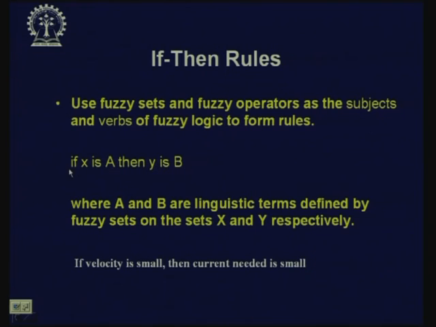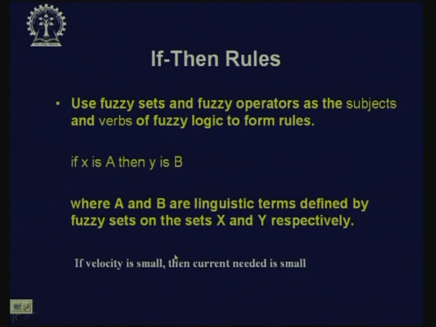If the boy is tall, then A is a fuzzy set tall, where A is a linguistic term defined by a fuzzy set tall. Then y is strong, where B is a linguistic term which is a fuzzy set strong defined over some crisp set Y.